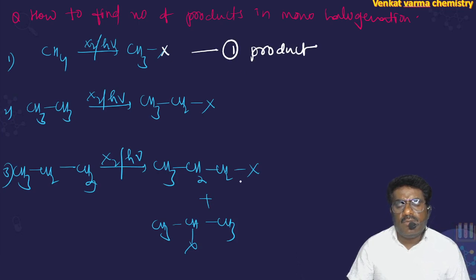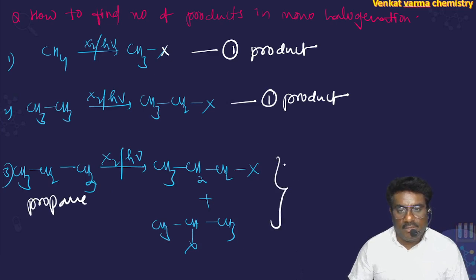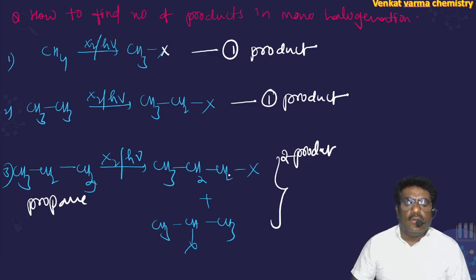Ethane halogenation gives ethyl halide, also one product. Now propane. Propane halogenation gives two products, 1-chloropropane and 2-chloropropane.